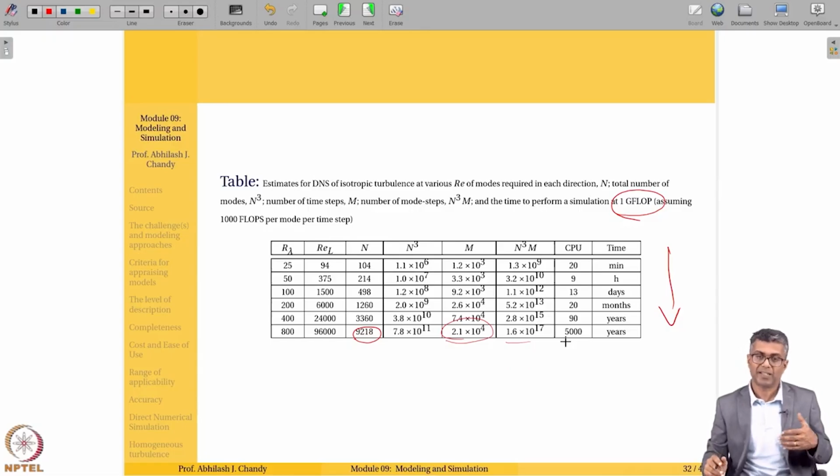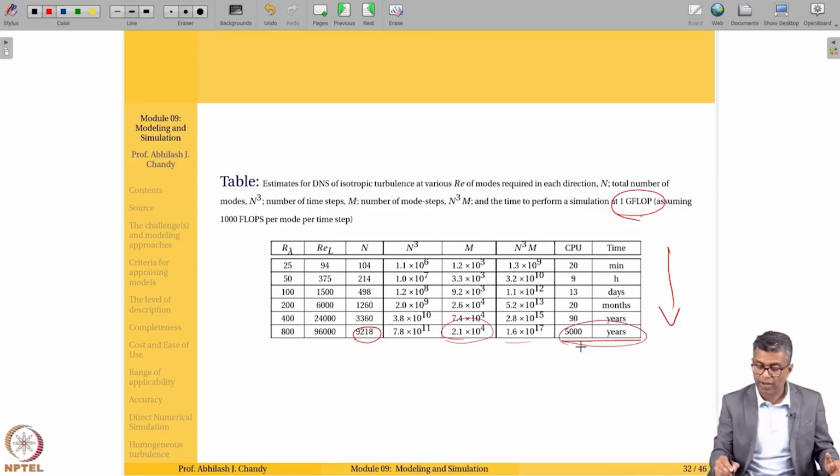Now obviously that is impractical, and this is not something we can achieve either. But today this Reynolds number is somewhere in the vicinity of achievable, right? Because we are talking about a machine that is at least 6 to 9 orders of magnitude faster than a gigaflop machine, today's machine. And we are talking about multiple machines in parallel.